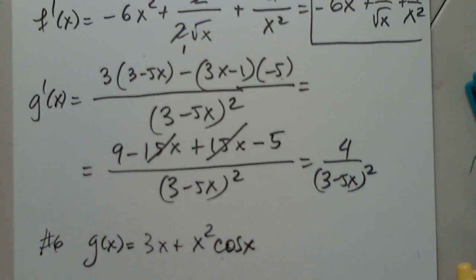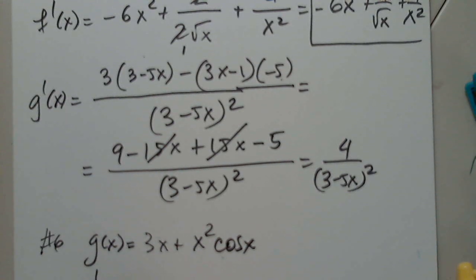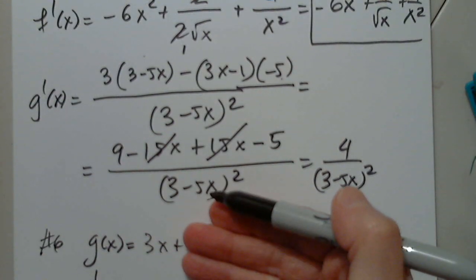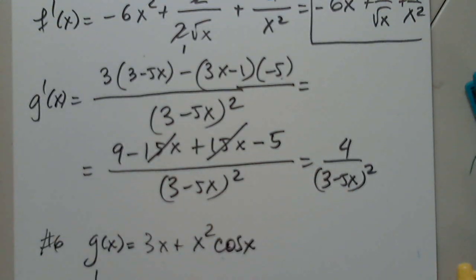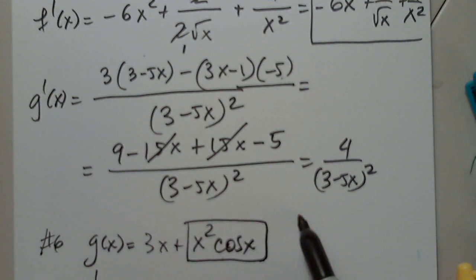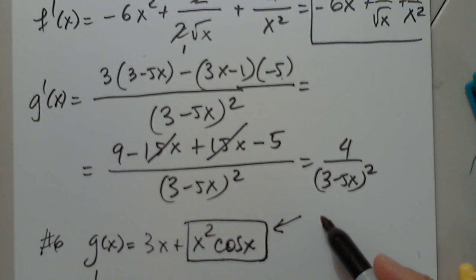When we differentiate something like this, 3x prime, can anyone give us 3x prime? 3. Yes, very good. Plus. Now here we have to identify that we need to apply which rule? Multiplication. Yes.